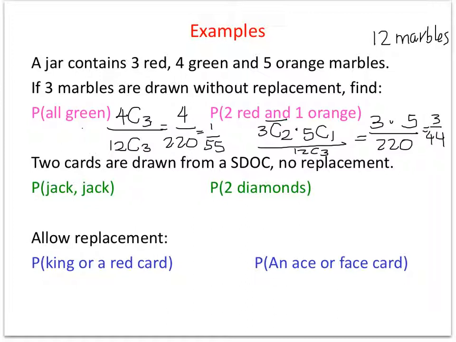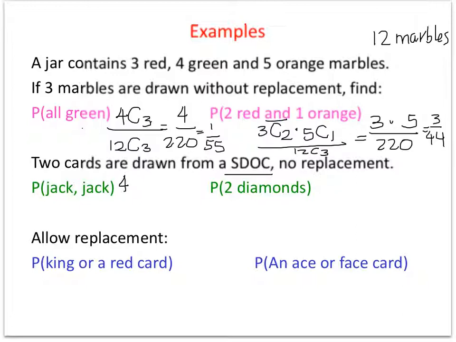Okay, then we have 2 cards are drawn from a standard deck of cards, with no replacement. So that means each time you pull a card, the sample space is going to go down. So the probability of a jack and then a jack, well, we have 4 jacks.